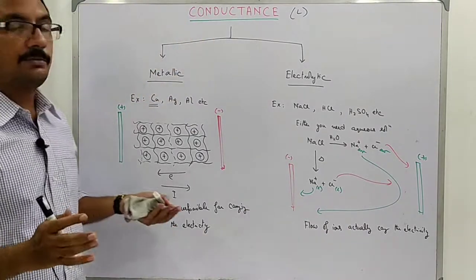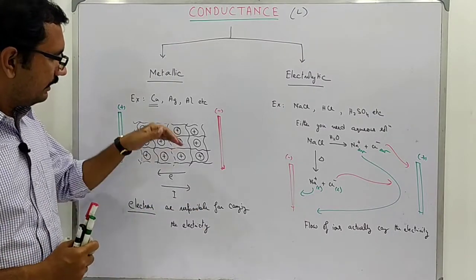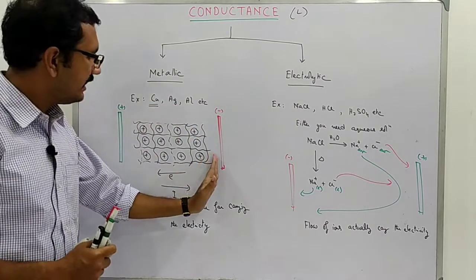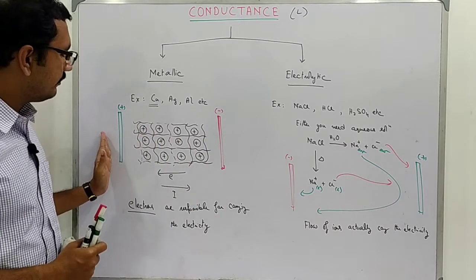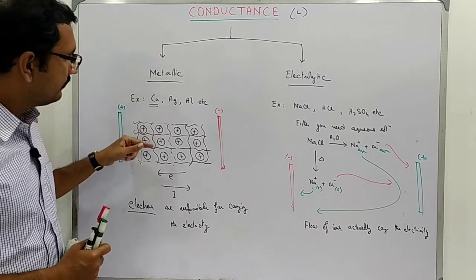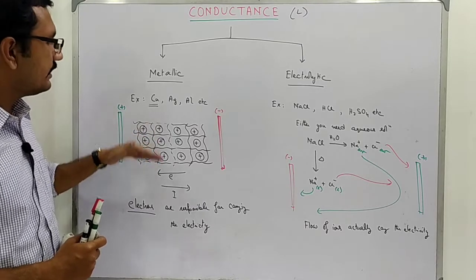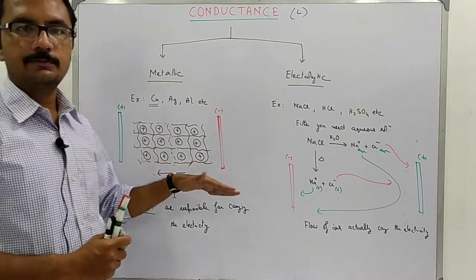Now, what is the source of resistance then? See, when the electron is shifting from this negatively charged electrode towards the positively charged electrode, these kernels will have vibrational motion, and through their vibrational energy they will obstruct the flow of electrons.